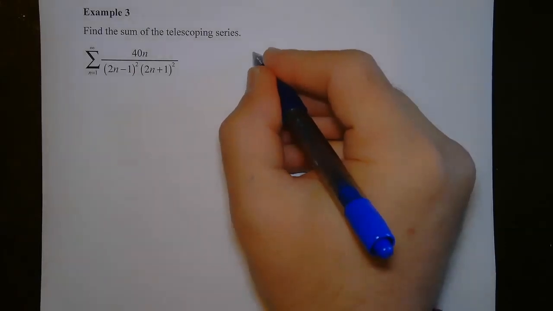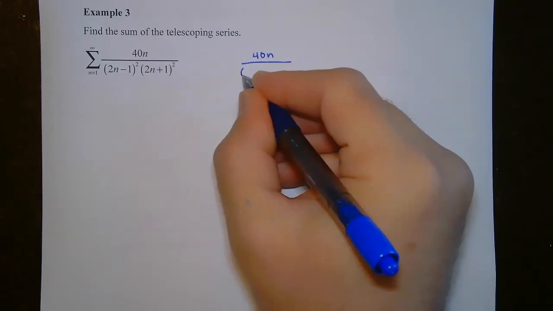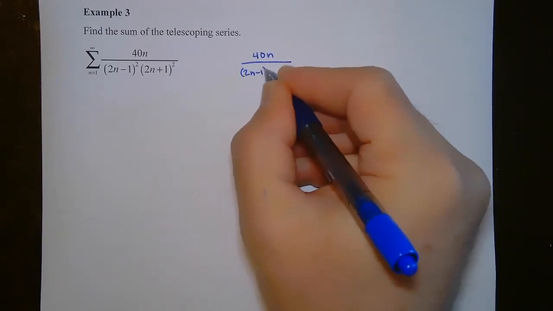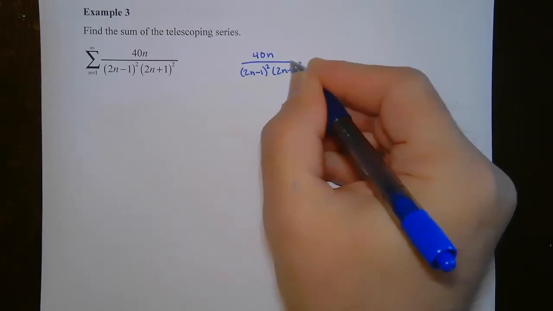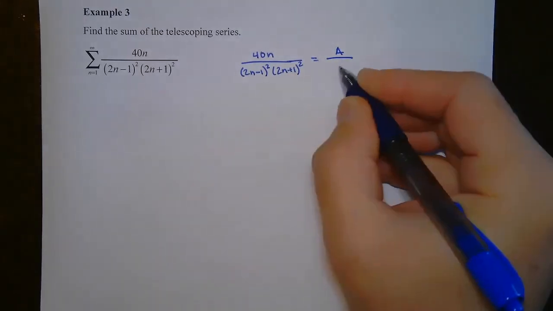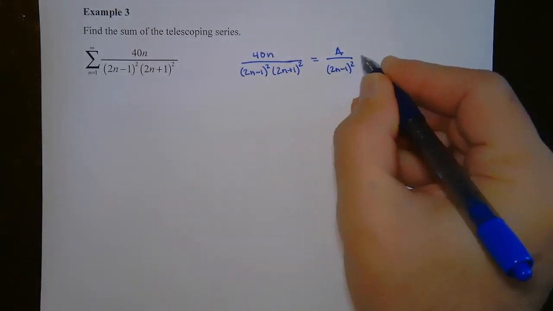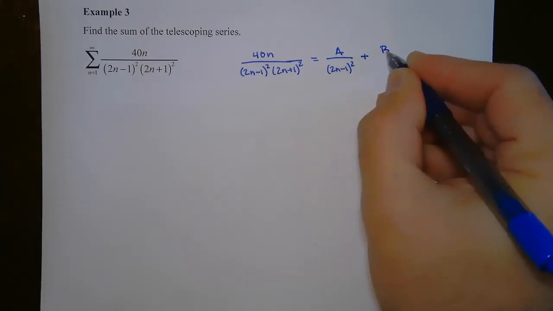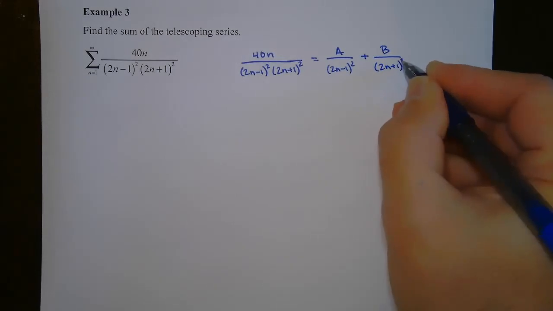So to set this up, we would do 40n over (2n minus 1) squared times (2n plus 1) squared, and that equals some number a over (2n minus 1) squared, plus b over (2n plus 1) squared.